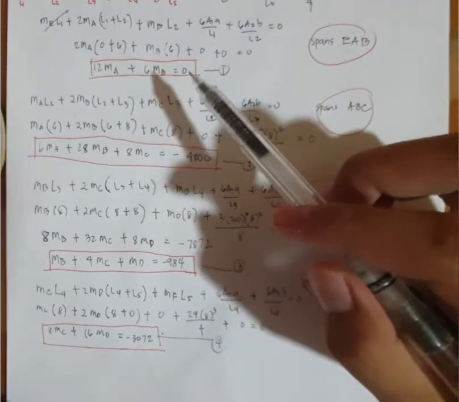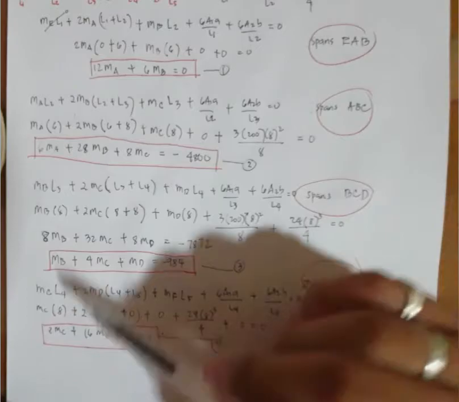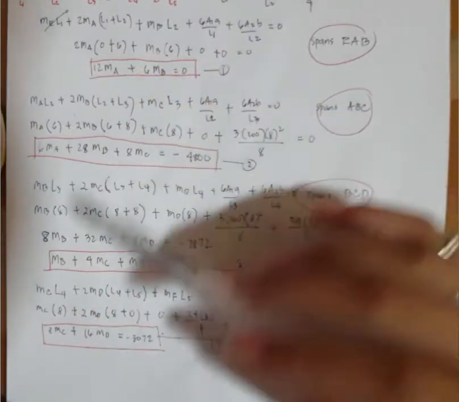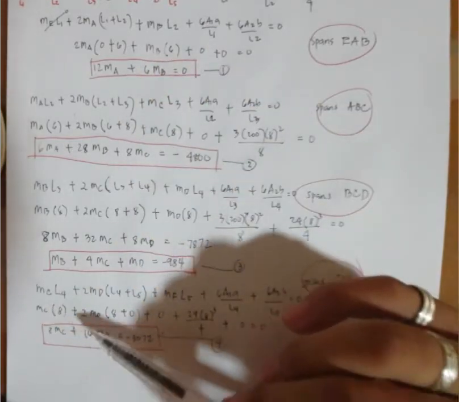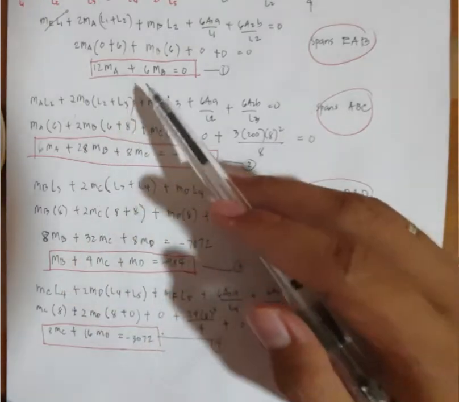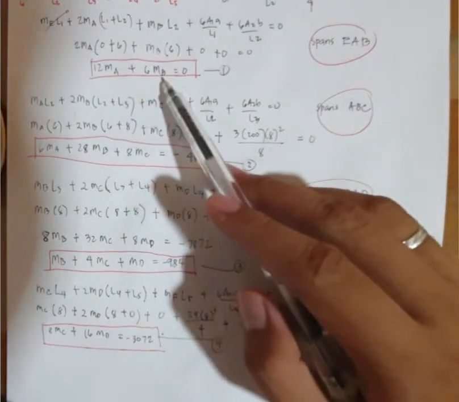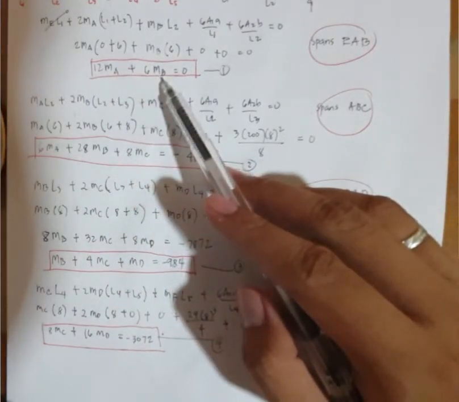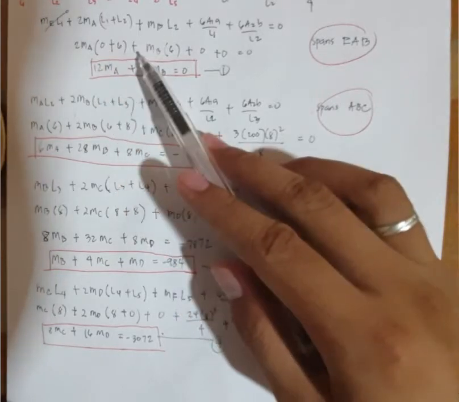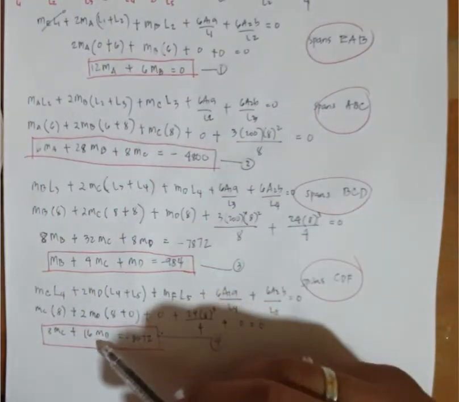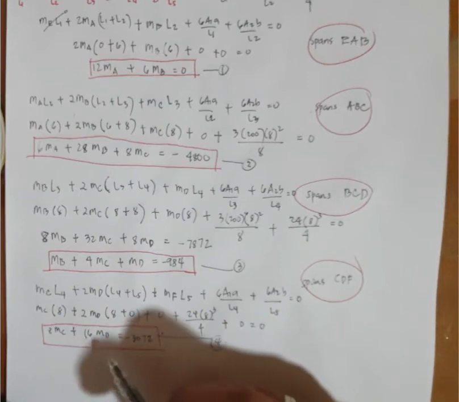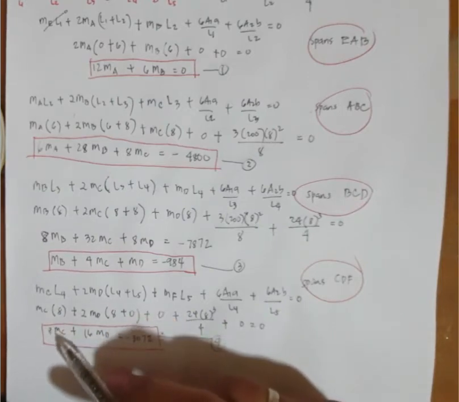The easiest are these two: moment at A in terms of MB, so MA is eliminated, and MD in terms of MC.